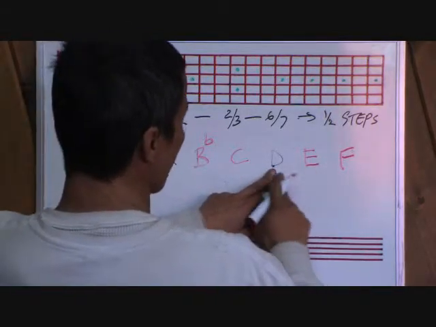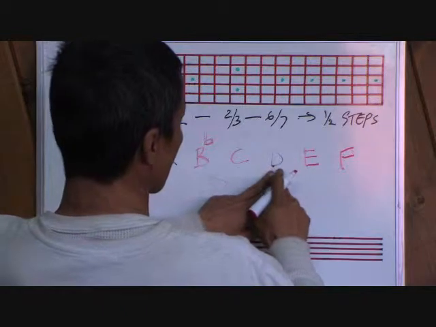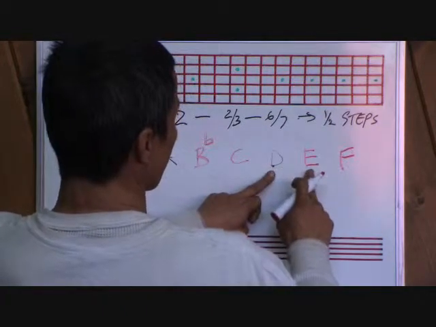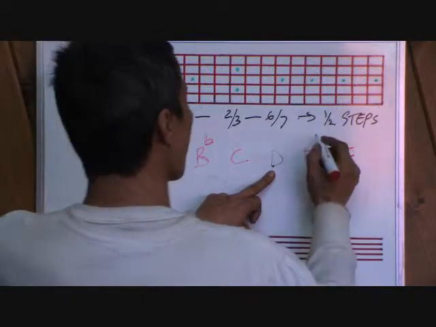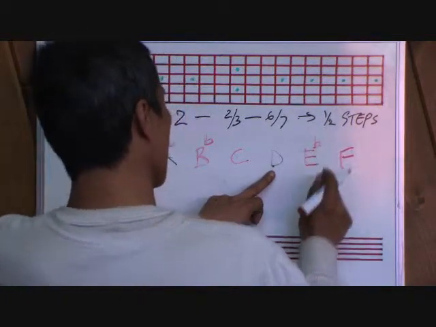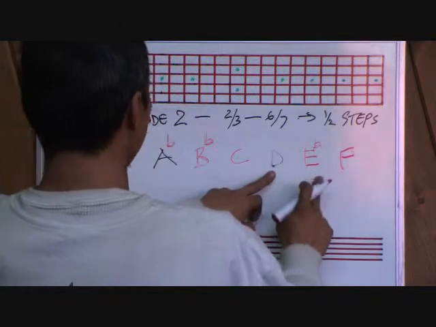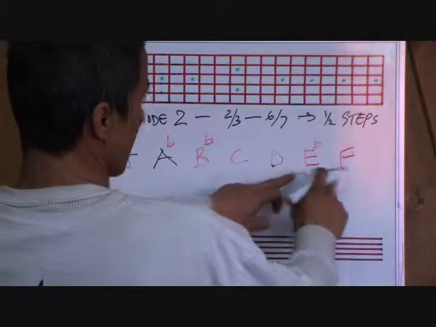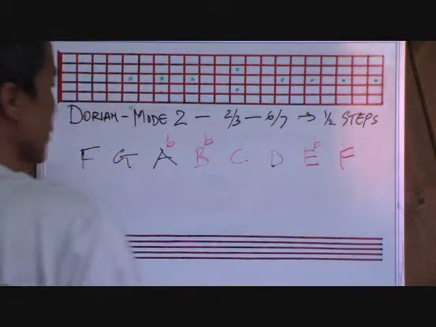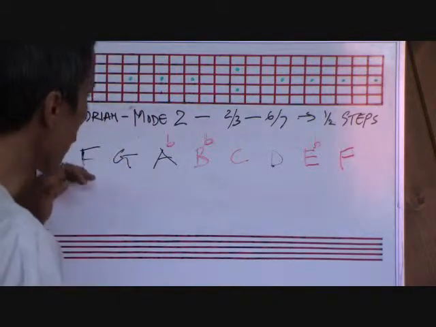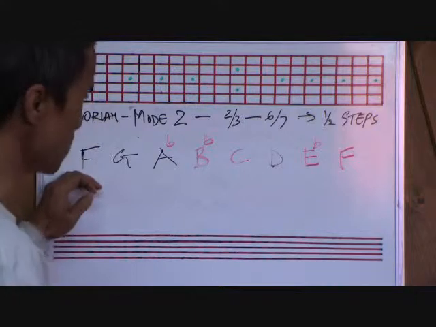D to E is a whole step. Step 6, step 7, the formula says half step. You need to flat the E now, to be balanced with the formula of the Dorian mode. Okay? And the last step is a full step, E flat to F, leave it alone. So here it is, the F Dorian, or F mode 2.